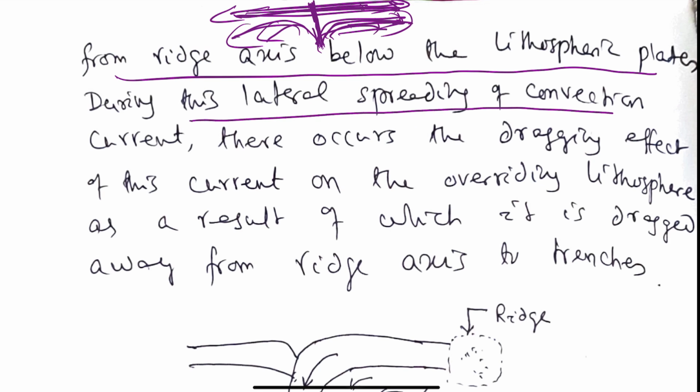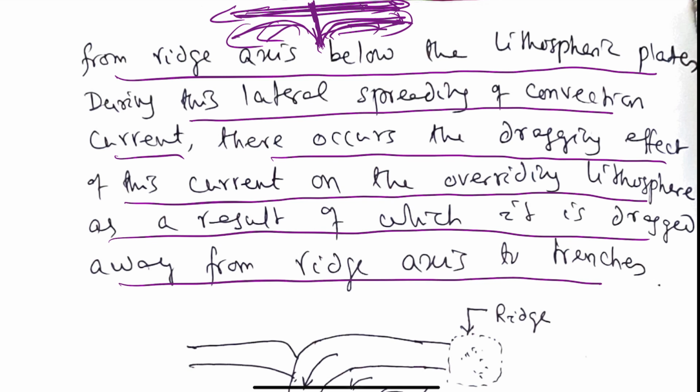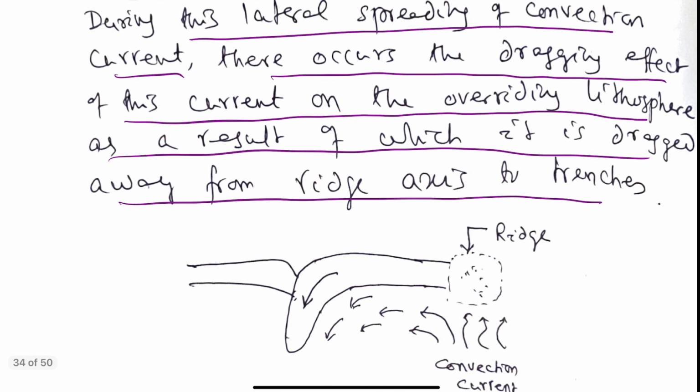During this lateral spreading of the convection current, there occurs the dragging effect of this current on the overriding lithosphere, as a result of which it is dragged away from the ridge axis to the trenches here. So, this is causing dragging.